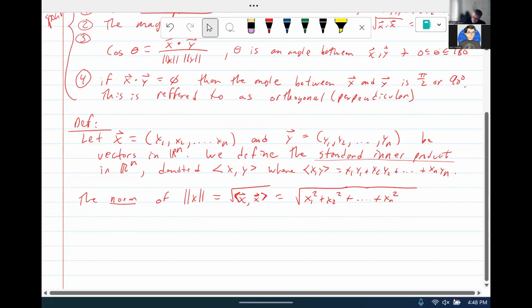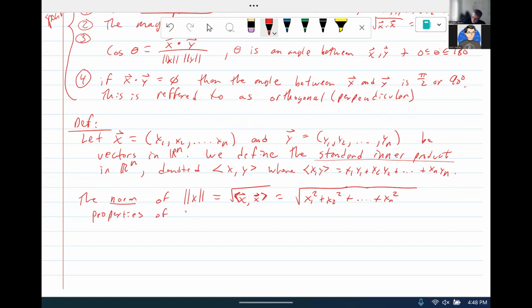Properties of the standard inner product are as follows. 1.